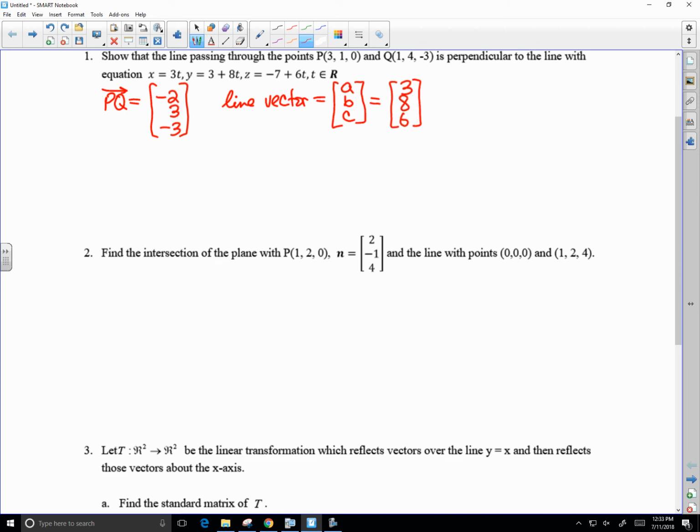All right, so the dot product between these two can be -6 plus 24 plus -18, which is in fact 0. Therefore, it is perpendicular.